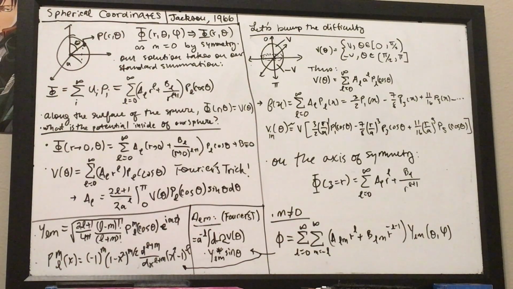Here d omega is just sine theta d phi d theta.